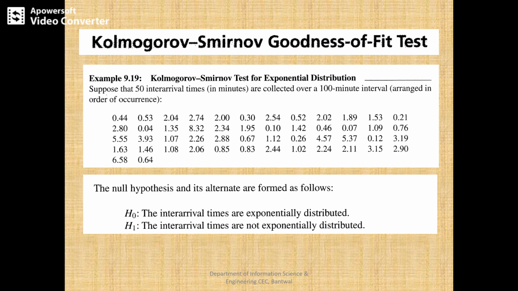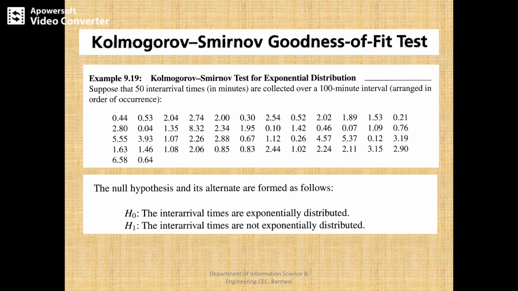The arrival times are normalized to the 0 to 1 interval, so that the KS test can be applied on the interval 0, 1. We need to calculate these as the 50 data points. That is T1 divided by capital T, then T1 plus T2 divided by the total T, which is 100, so 0 to T 100.